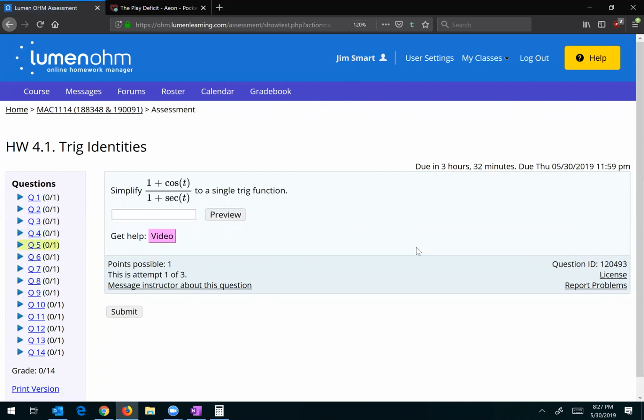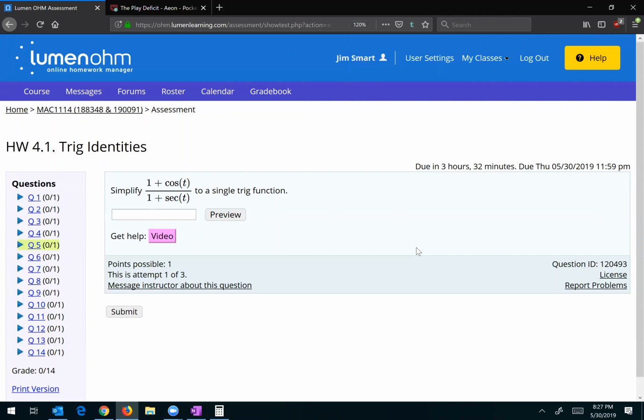If we pick another one. This one is another one where, like on the last one, 1 minus secant squared is a Pythagorean identity. I'm not sure that would be super helpful in this one. You'd have 1 plus 1 over cosine.